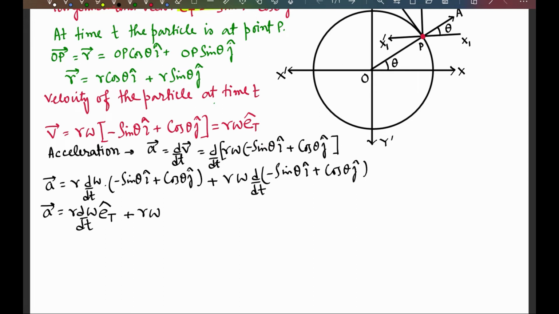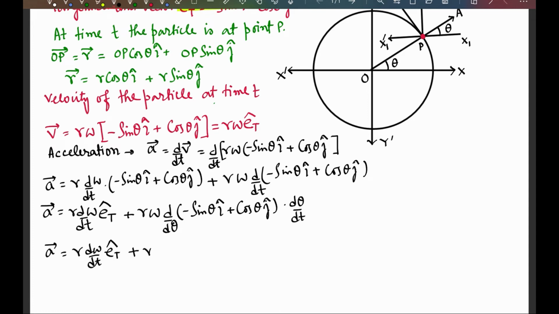Then we can write it as d/d theta of (minus sin theta i cap plus cos theta j cap) into d theta/dt. So acceleration, this is R d omega/dt e_t cap plus R omega.